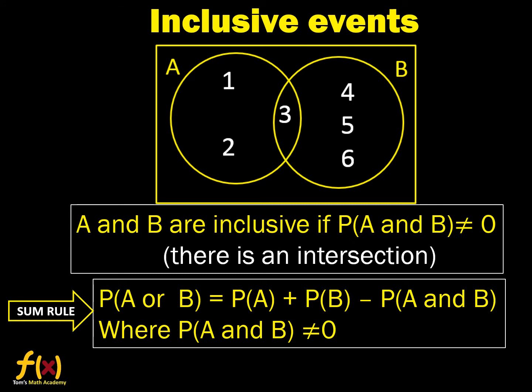If you take probability of A, it is 3 elements there. Now if you take B, the circle B, again 3 is coming there. 3, 4, 5 and 6. So what we do is we subtract one of them, one intersection, minus probability of A and B. That's how it comes. That is a very, very useful rule in probability, the sum rule.